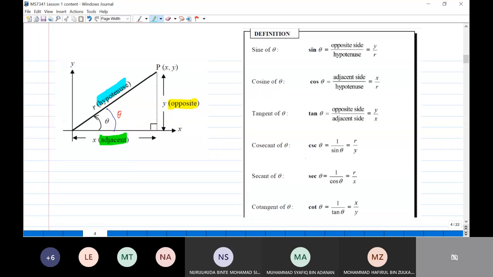Now, let me say something about y and x, because the r is always positive. So right here first, the r is always positive. Depending on how you draw a triangle, sometimes your triangle will be below.